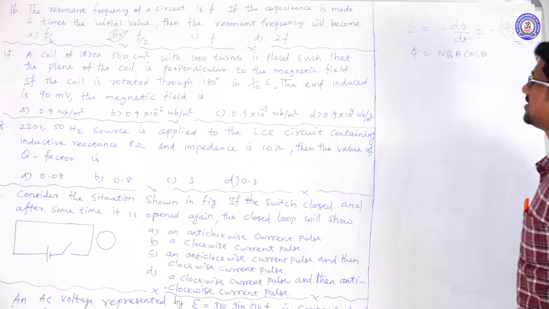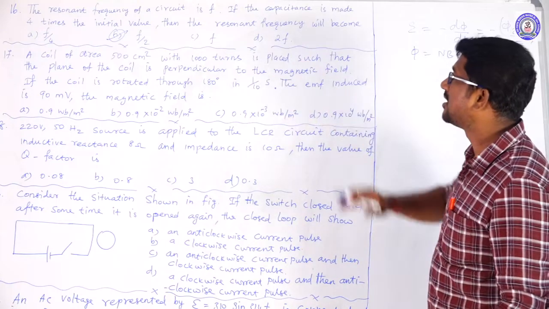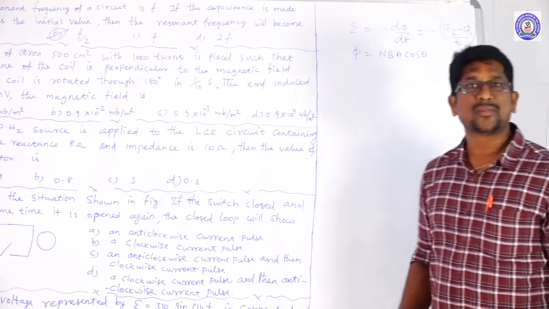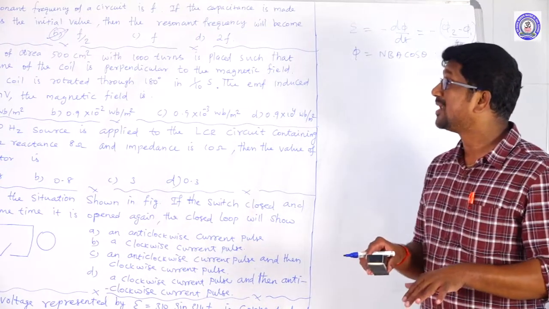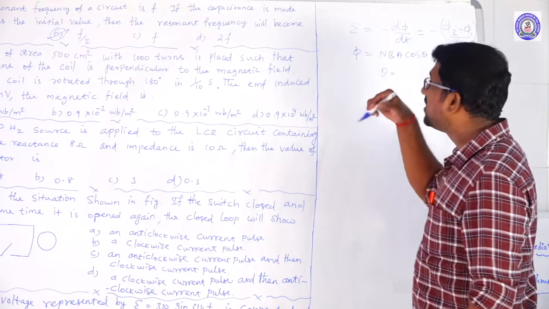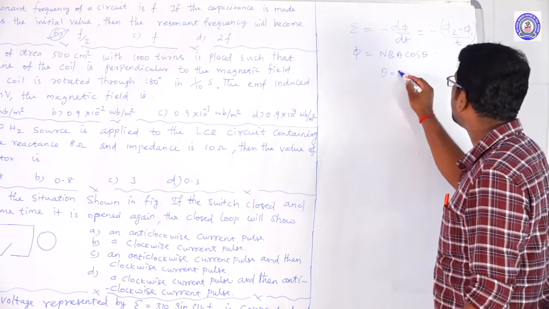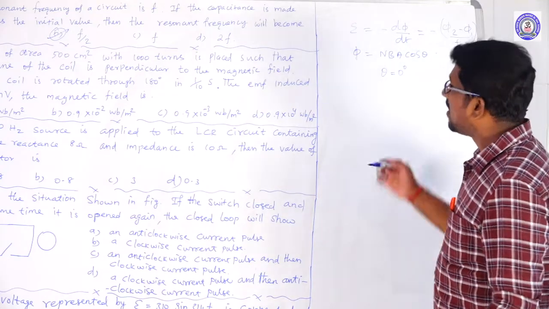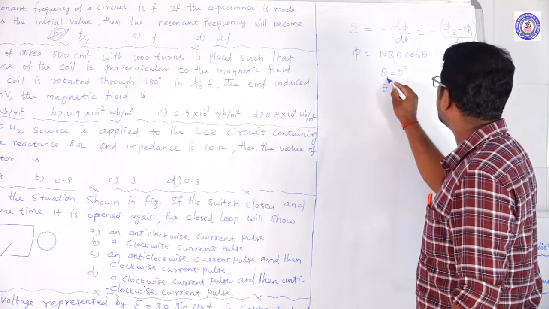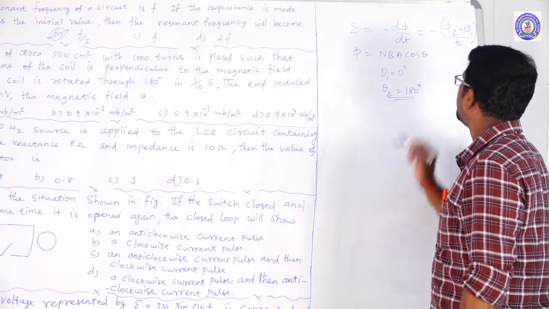Initially, the coil is placed so that the plane of the coil is perpendicular to the magnetic field, which means the normal to the plane of the coil is parallel to the magnetic field. So initially, the angle between the normal to the plane of the coil and the direction of the magnetic field is 0 degree. After that, the coil is rotated through 180 degrees, so the final angle theta 2 is equal to 180 degrees.